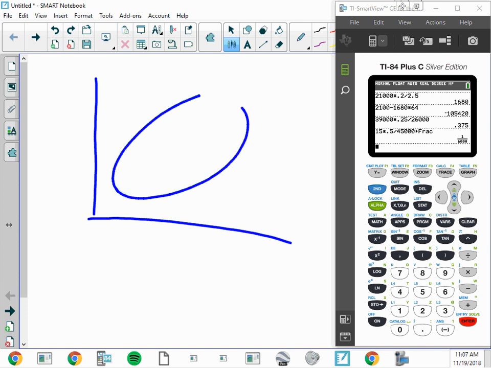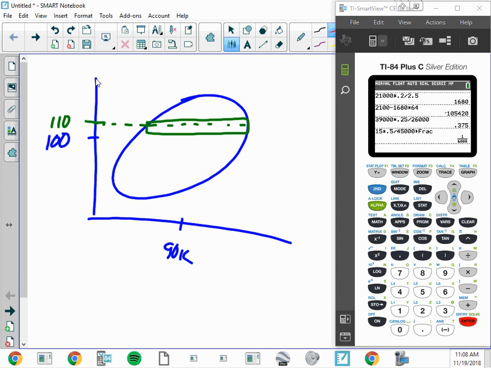So we have this football here, and this is $90,000, and this is 100 IQ. Okay, so we know that this particular child has an IQ of 110. So that kid is somewhere in this column here. But we don't know how much their parents made.